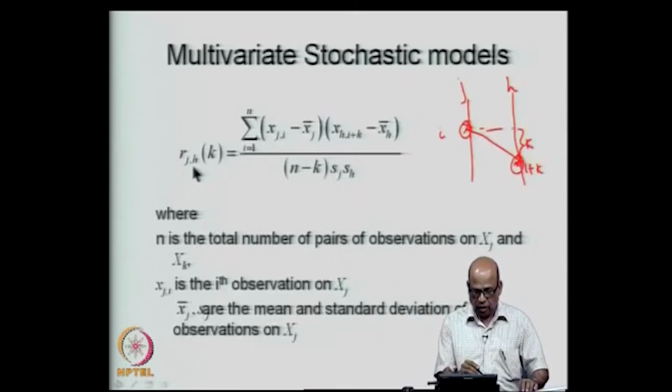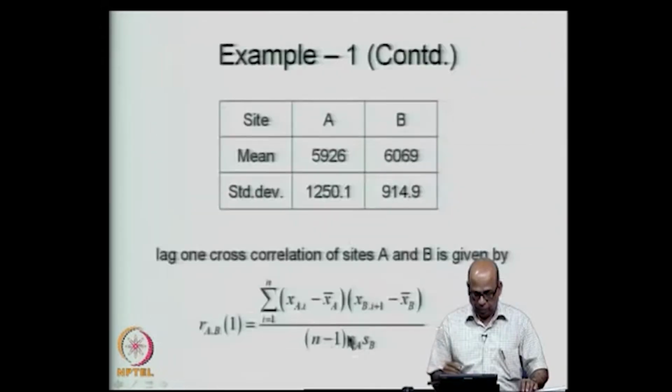Now, this is A and B and lag 1 correlation. So, k is equal to 1 is what I will put here. So, I write RAB, that is the lag 1 cross correlation between the flows at site A and site B, and this is lag 1, and this is the data on A and this is the data on B, one time step ahead.